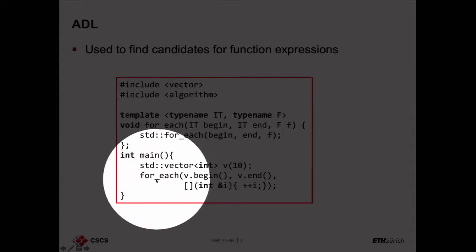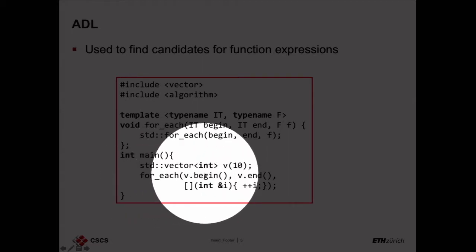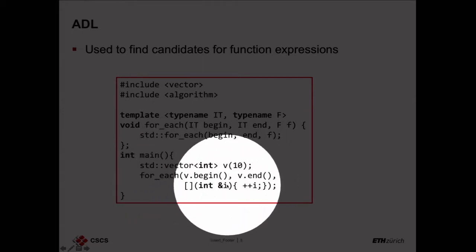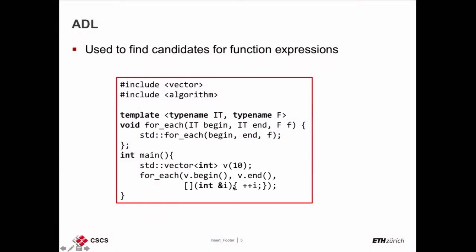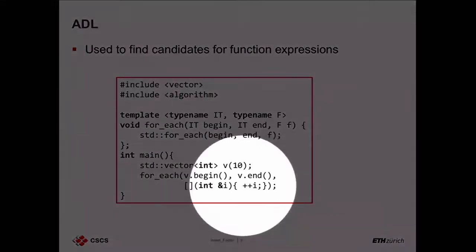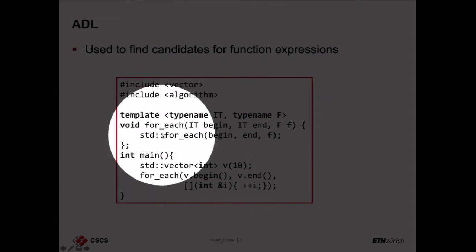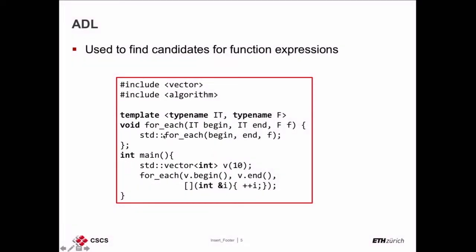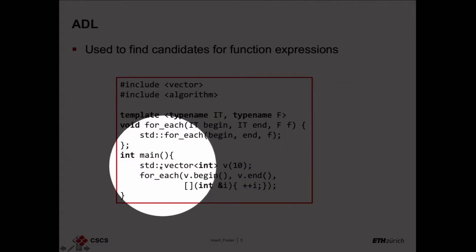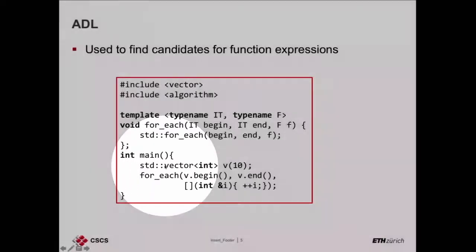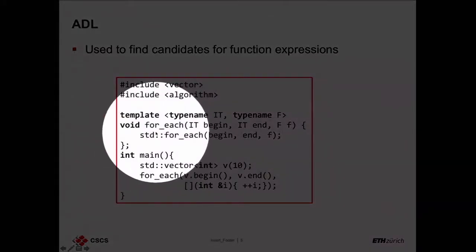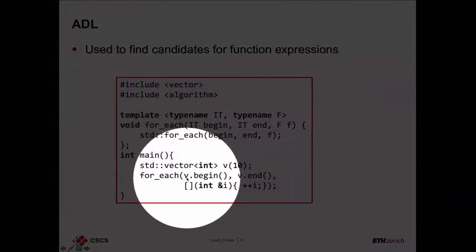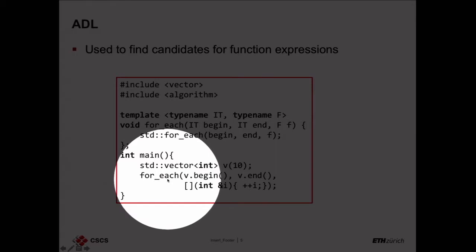But I want this for_each to go from vector begin to vector end and apply a certain function, this is a lambda. Then this will not go into this for_each because of argument dependent lookup again, because v is a std vector of integer. So this will not call this function here. It will go first for the ADL, right?